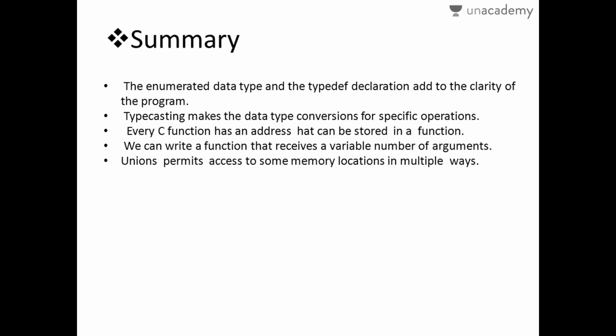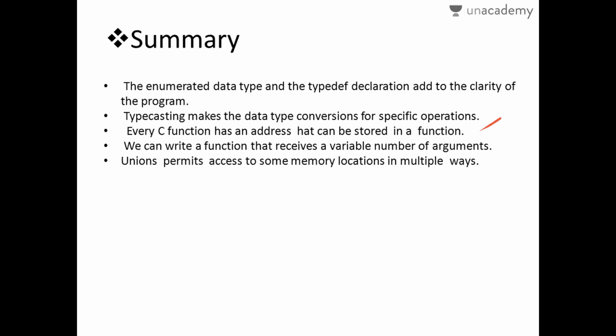Okay, here we go for a brief summary of what we have discussed. Enumerated data types and typedef declarations are added for the clarity of the program that we write, only to make sure that we understand the program much better. Typecasting makes data type conversions for a specific operation. As we saw, this is used for changing the data type of the output that we want.